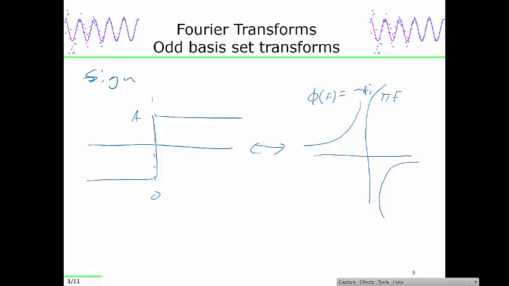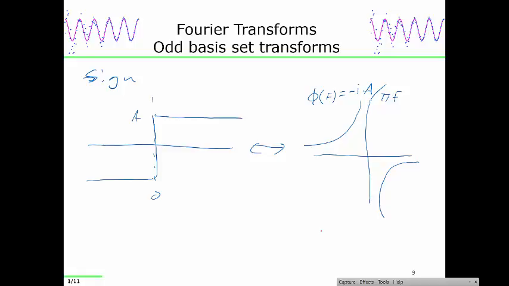I'm just going to rewrite that so it's clear. So its Fourier transform is the reciprocal. It's 1 over pi f scaled by A and multiplied by negative i. And it diverges at 0. Is the f in the numerator or denominator? Denominator.